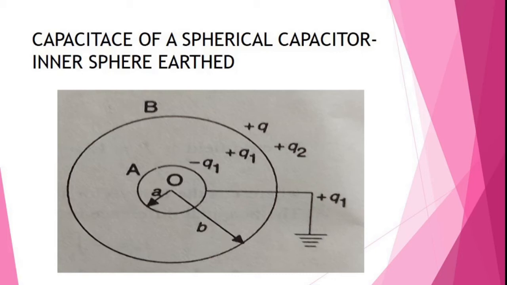But the charge plus q1 on the inner surface of A, being free, leaks to the earth, since it is earthed. But minus q1 on the outer surface is not leaked because it is induced or bound charge.